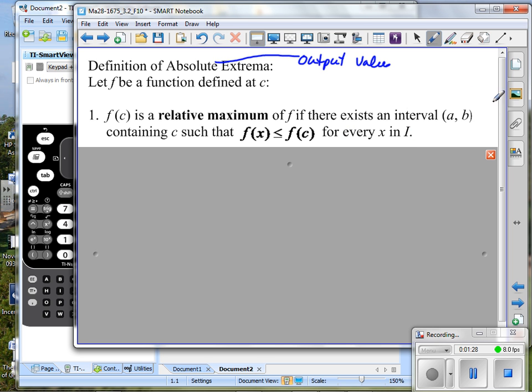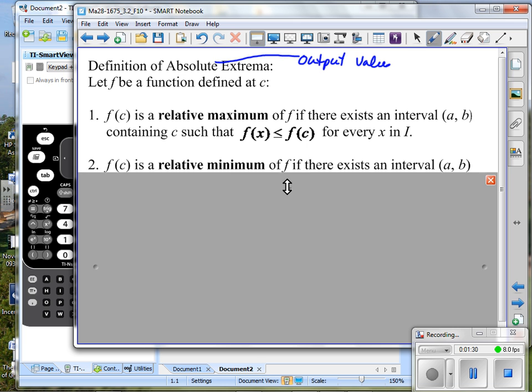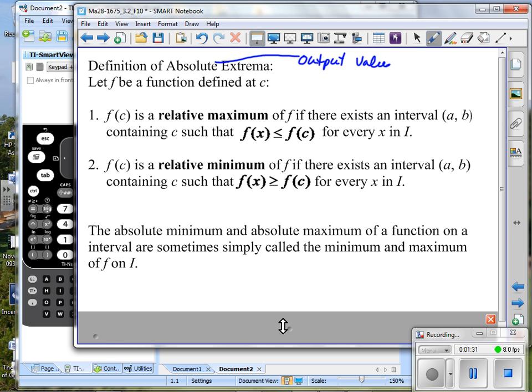Now again, it's almost identical, so I'm just going to wave my hand at this and say I want the absolute utmost, a maximum or minimum value of the output I can find. And that's all we're going to say.